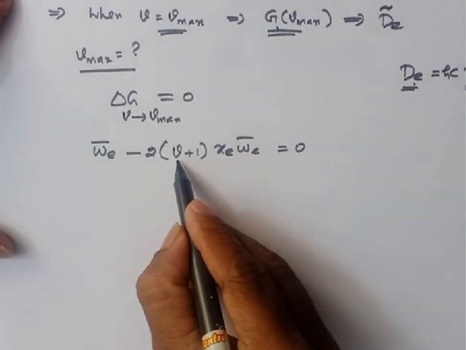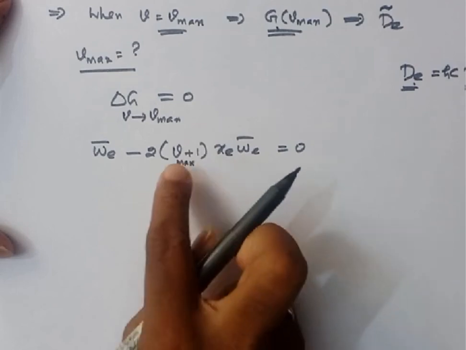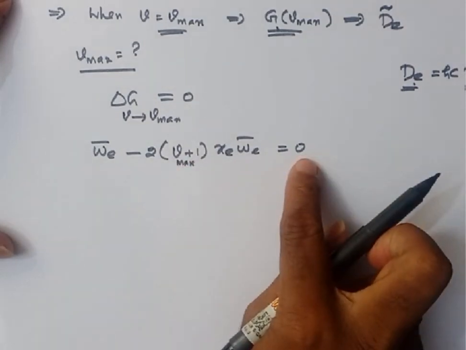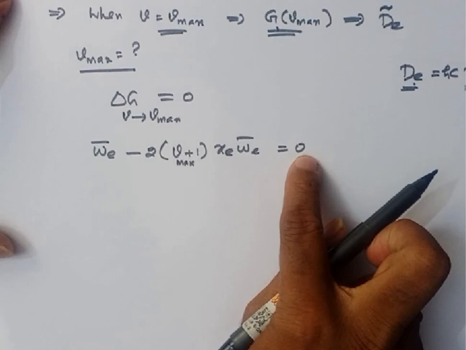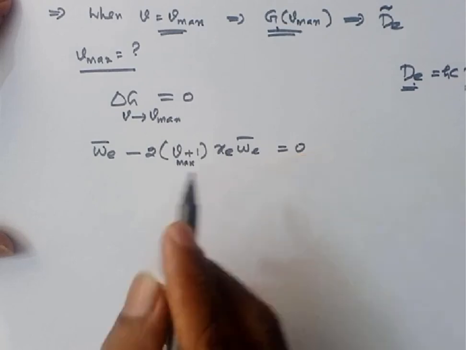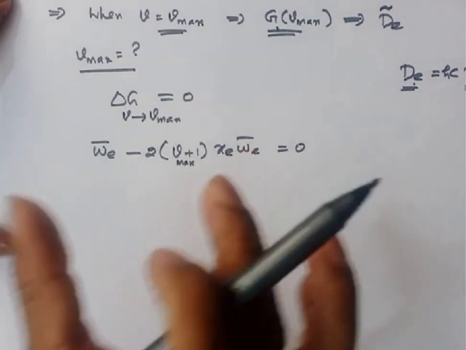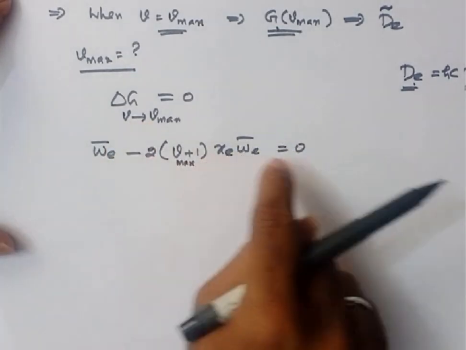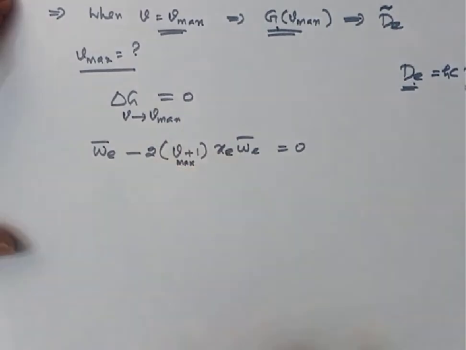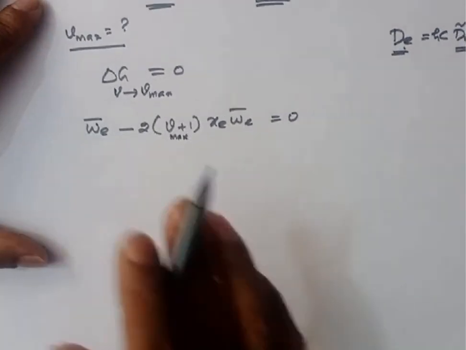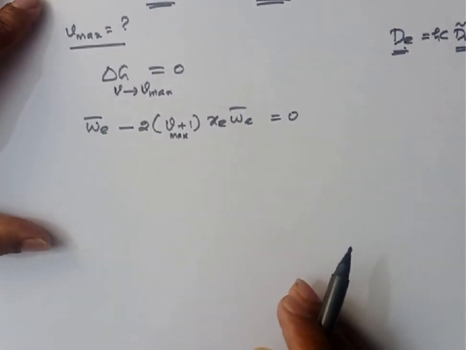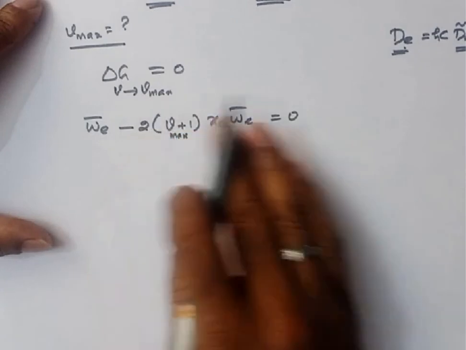But listen, when V becomes Vmax, delta G becomes 0. If you don't put Vmax here, it is just the delta G formula. Now, how to find the value of Vmax? I'll bring this term to the right hand side.